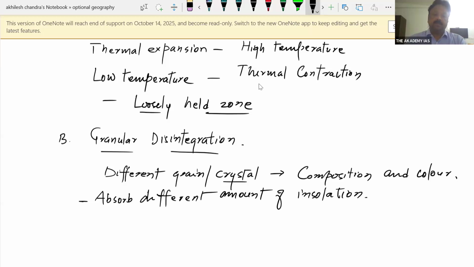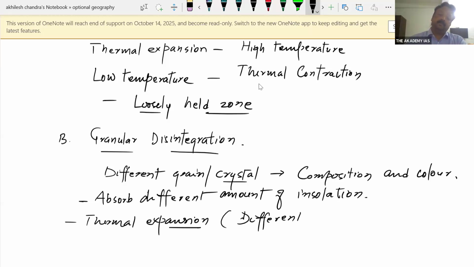And it is but obvious because of different amount of insolation absorbed by the rock, there will be more thermal expansion, less thermal expansion. So there will be differential thermal expansion and differential thermal contraction.